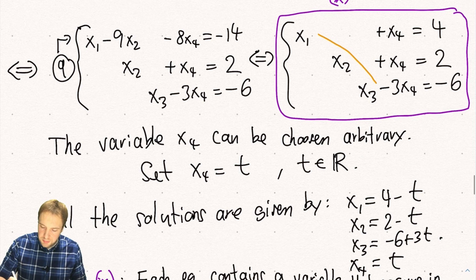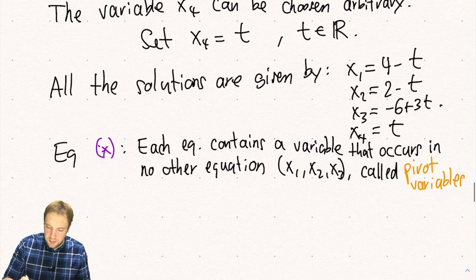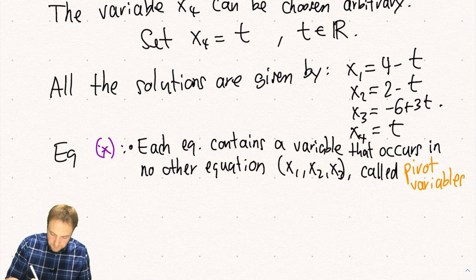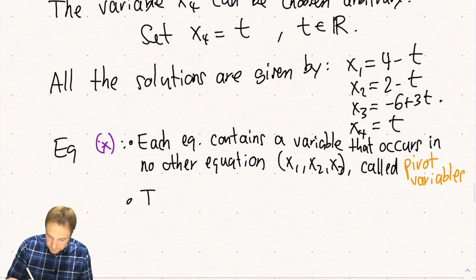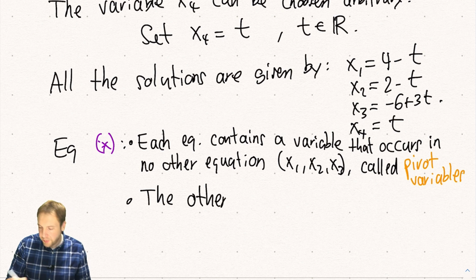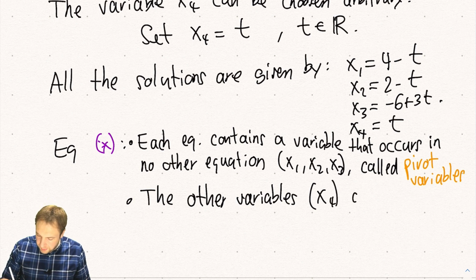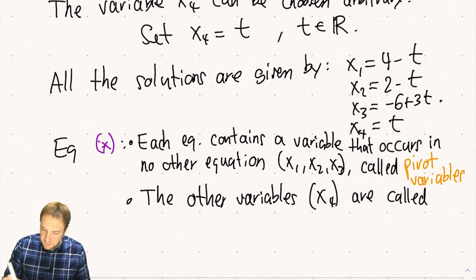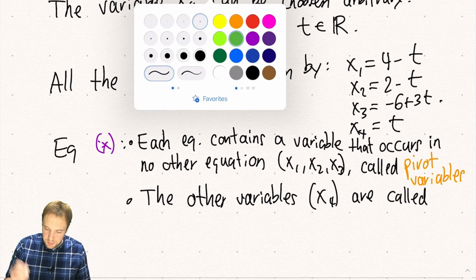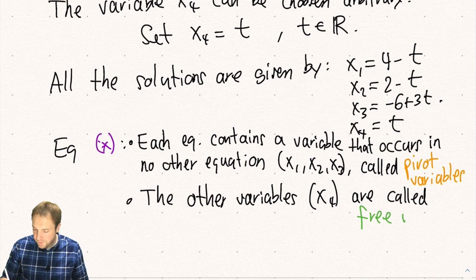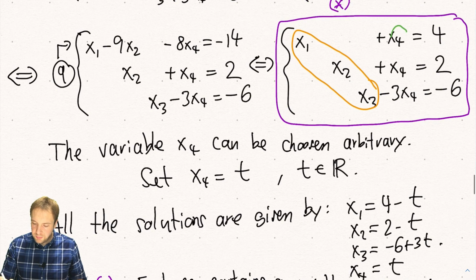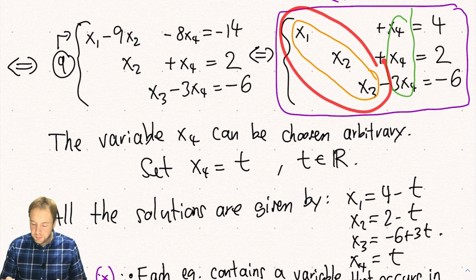So we have here our pivot variables, but then we also have the rest, the other variables. Well, in our case, we just have one. So in this example, x4 is called a free variable. Let's take green, free variables, because they can be chosen freely. So this is the free variables, and these are the pivot variables.